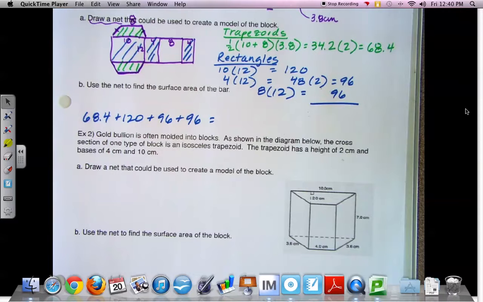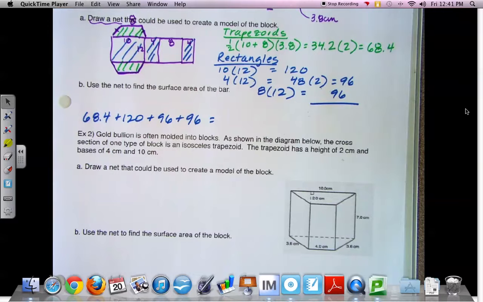Rectangles. The one on the left is 10 by 7. How many are like it? One. 10 times 7 gives us 70. The next one is 3.6 by 7. That gives us 25.2.